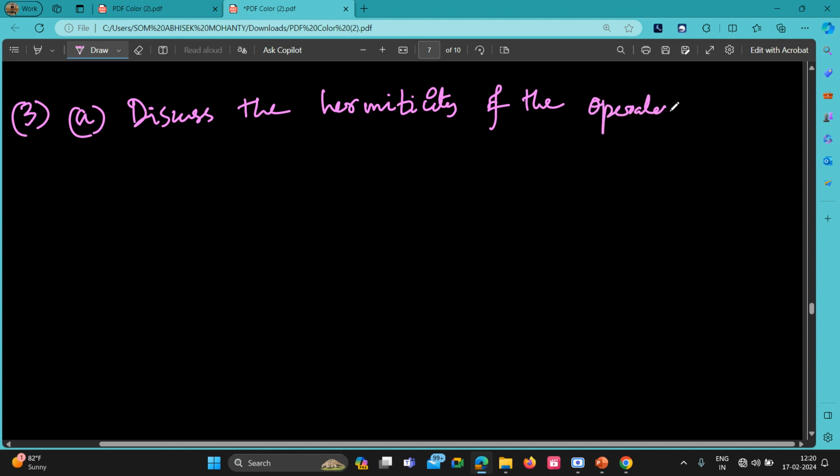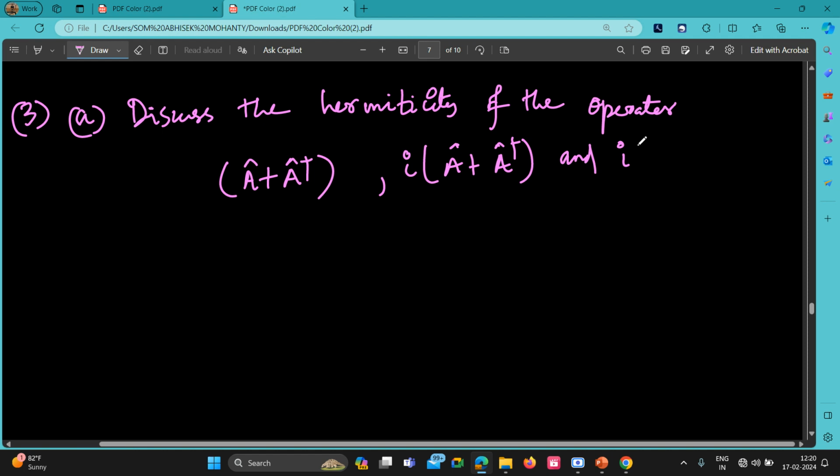Discuss the hermiticity of the operators A cap plus A cap dagger, and so on. These three operators I will give you, and I. We have to discuss whether they are Hermitian or not. That's the question.